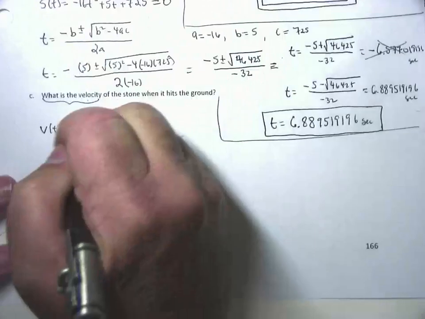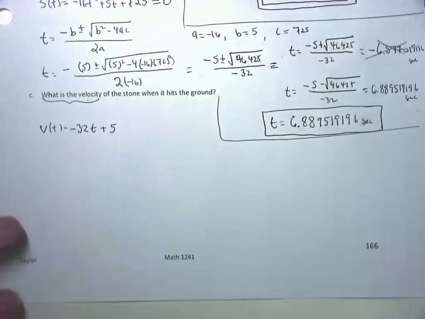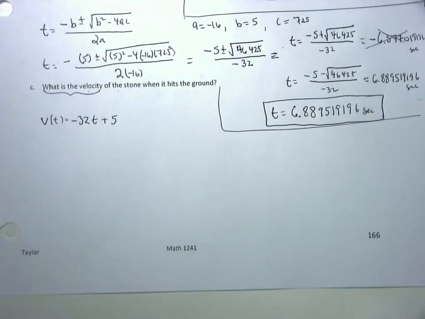That was negative 32t plus 5. You with me? However, to know what velocity is based upon time, you have to know at what time in the life of the event that this thing occurred. Does that make sense?